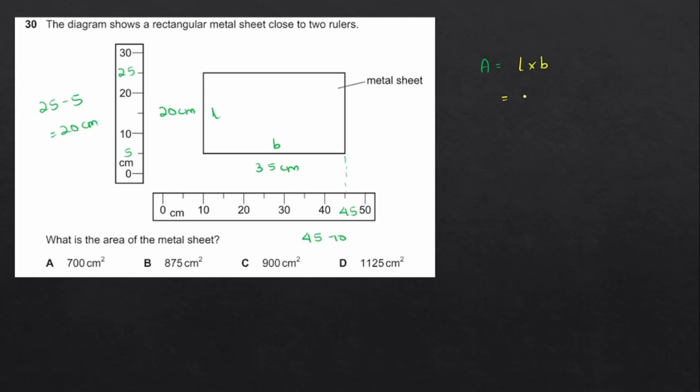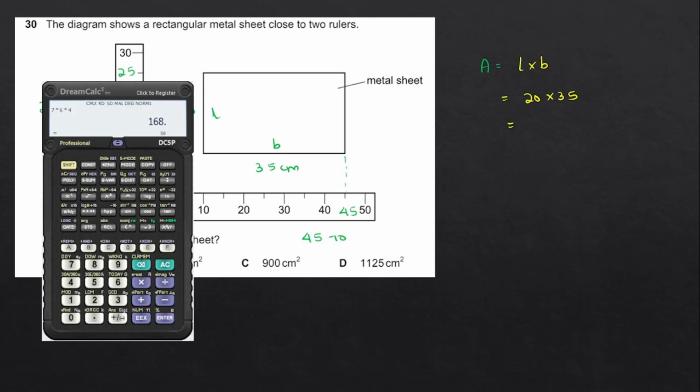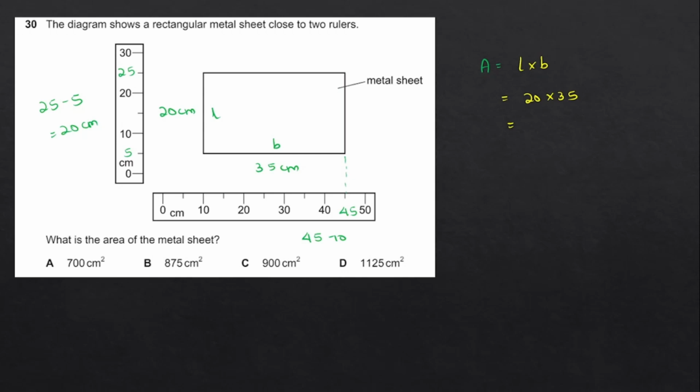So this will be equal to 20 times 35. Again, use your calculators to calculate this. So 20 times 35 is 700. So the area is 700 centimeter square. So the correct answer is option A.